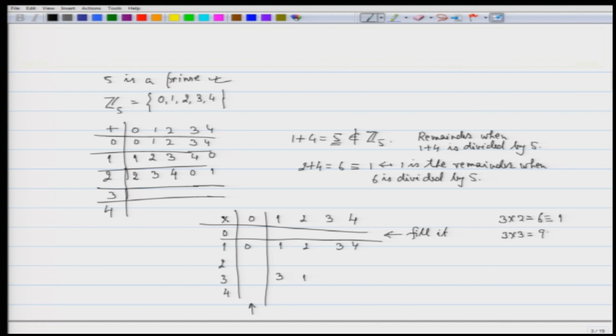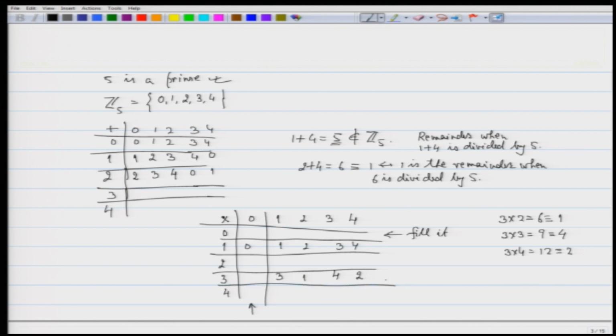Again, 9 is not an element of the set Z5. So, I have to divide by 5 and the remainder is 4 here. So, I write 4 here. 3 into 4 will be 12, which is nothing but 2 when I divide by 5.